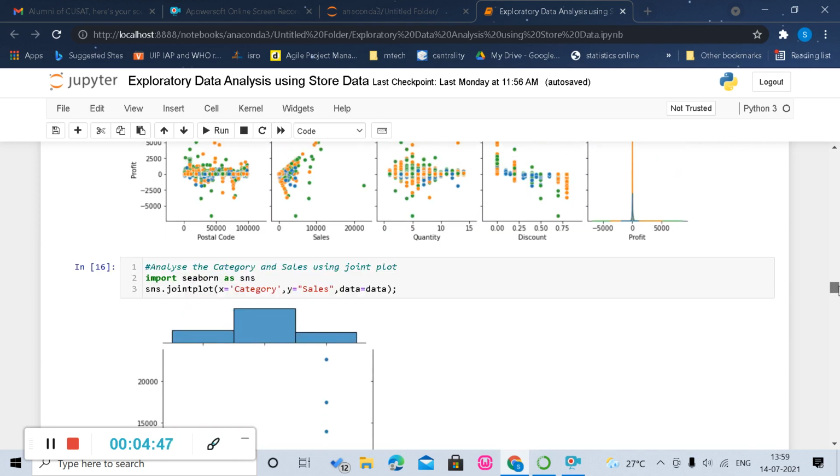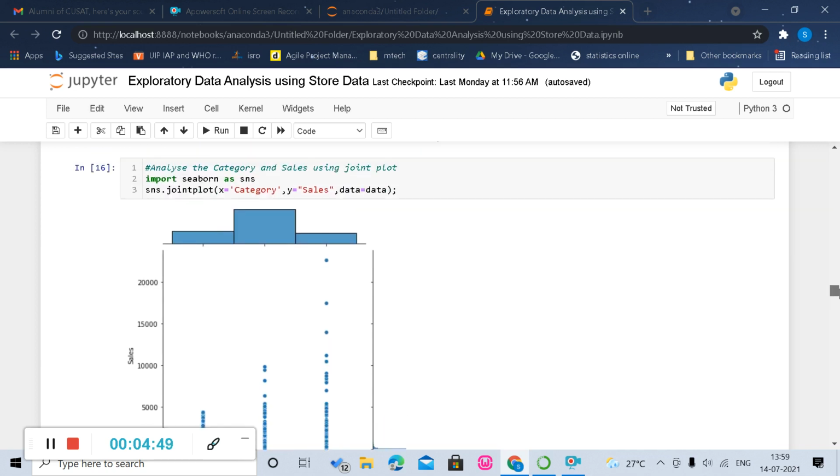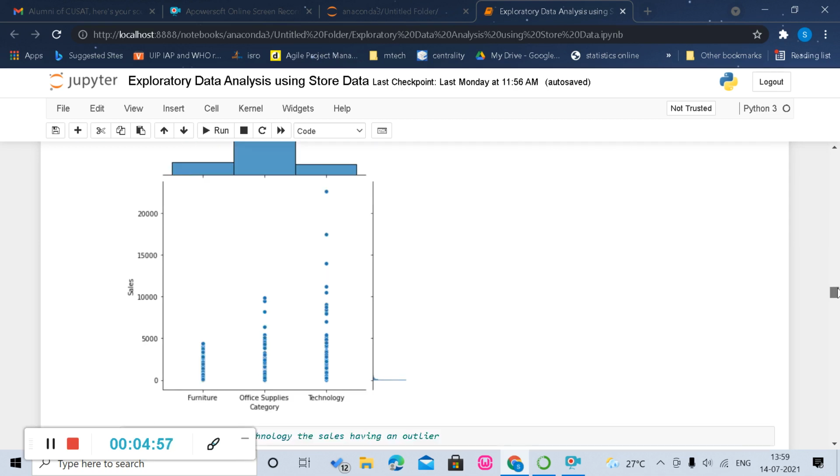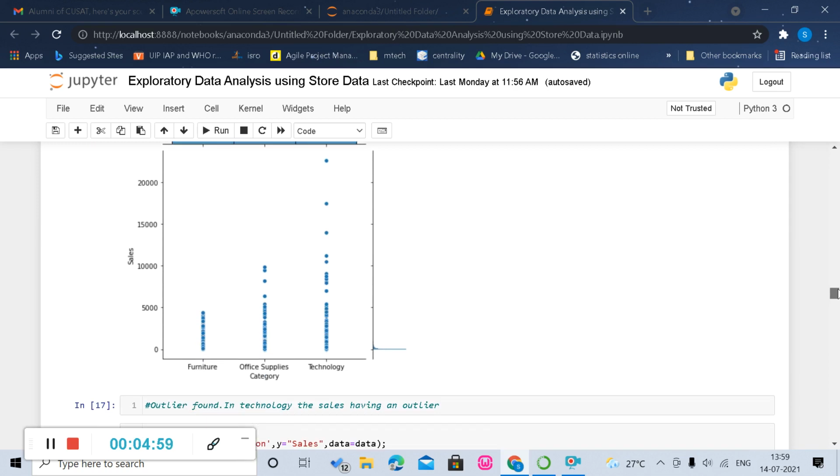Now coming to the next kind of plot, that is the joint plot. We have considered here category and sales, and this is the plot that we get, with the category values furniture, office supplies, technology, and sales over here.